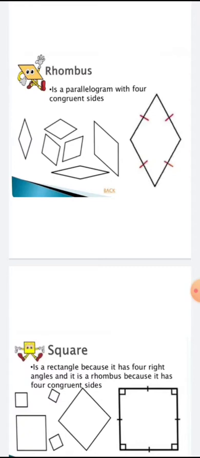So a kite is an example of a rhombus. The most useful property of a rhombus is that of its diagonals. The diagonals of the rhombus are perpendicular bisectors of one another. And one more special property is that all sides are equal.